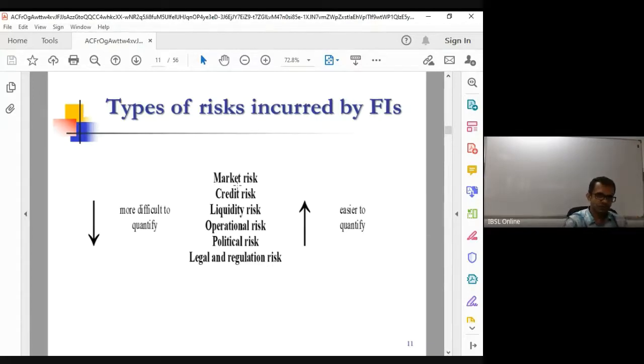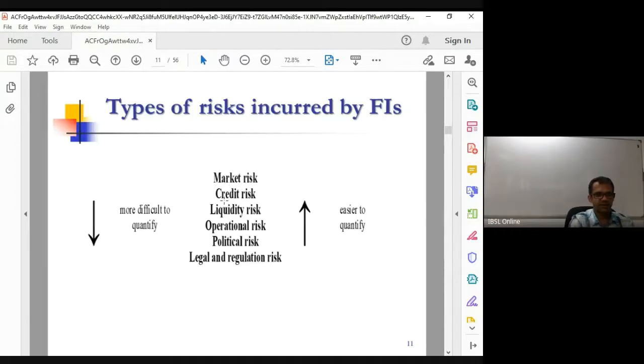So if you go down this list, market risk, credit risk, liquidity risk, these are easy to quantify. There are well-established procedures to quantify these risks. It may be because even in the 1970s or 80s or even before that, they had identified these risks. Market variables change, therefore there's a risk.